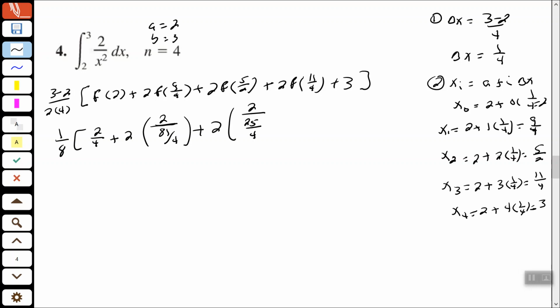So I'm just plugging this into our function. And then 2 over 11/4 squared, so that's 2 over 121 over 16.